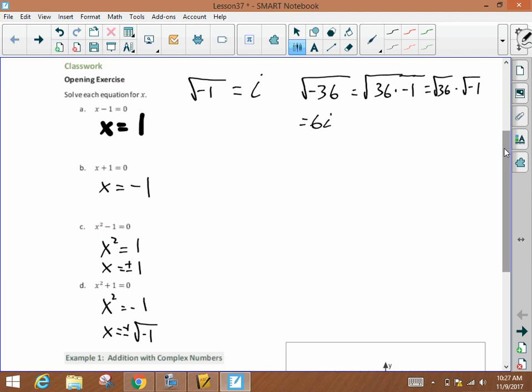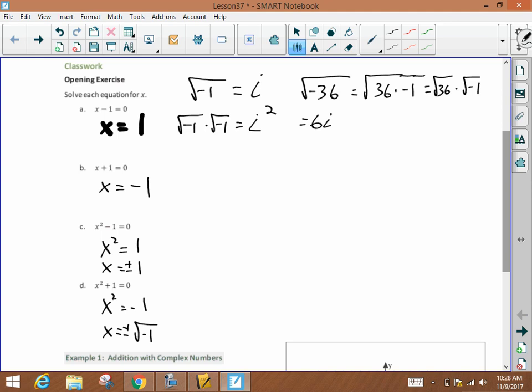There are some things we need to know about i, and that is that it always follows patterns. The square root of negative 1 is i. What is then i squared? It is the square root of negative 1 times the square root of negative 1.